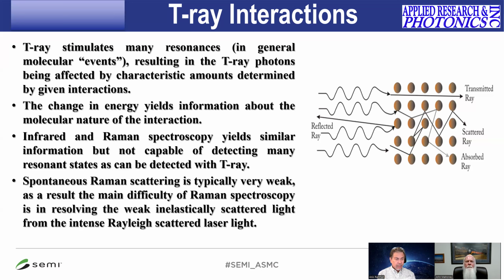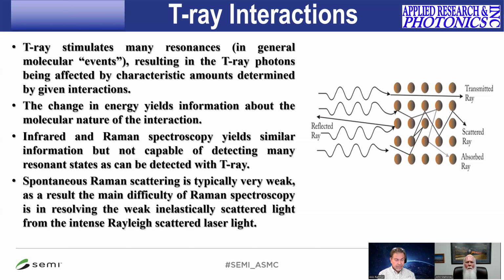Okay. Much of this information is available from other techniques such as Raman spectroscopy. However, they also have pretty significant limitations, which are overcome by T-ray. Particularly, T-ray is sensitive to all kinds of resonance in a molecule.